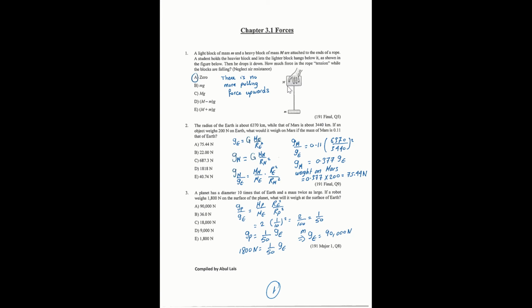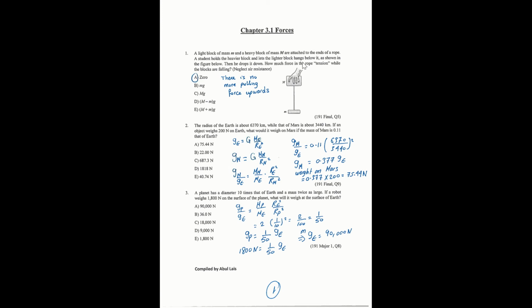So here in this problem I have the hand of a student, I have the large block and I have the small block. The large block has a mass of capital M and the small block has a mass of small m. If the student is holding the large block, then there will be a tension force coming from the student's hand.